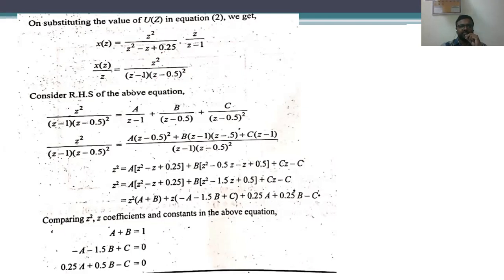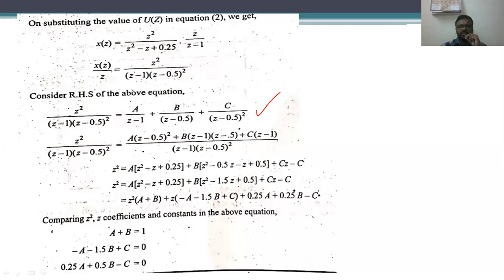So expanding the particular equation by the partial fraction method, we are going to get A divided by z minus 1 plus B divided by z minus 0.5 plus C divided by z minus 0.5 whole square.